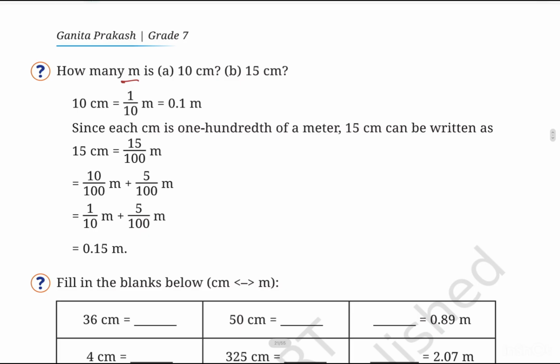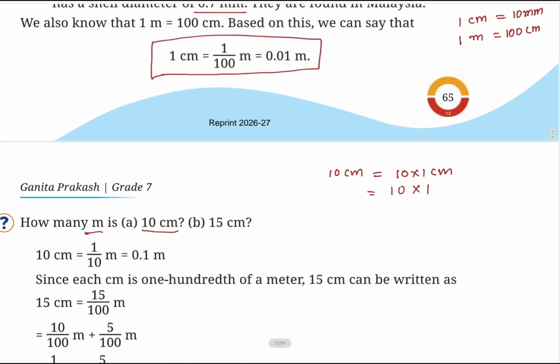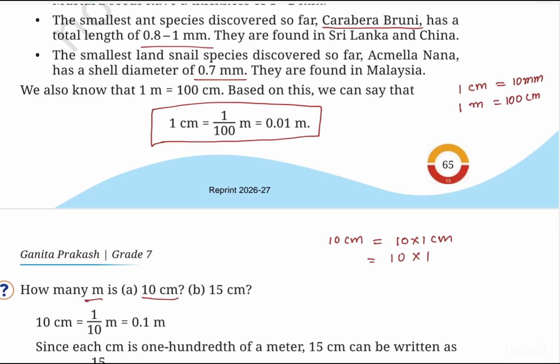How many meters is 10 centimeter? 10 centimeter is equal to 10 into 1 centimeter. 1 centimeter means 1 by 100 meter, so we get 10 by 100 meter. We can cancel zeros and it will become 1 by 10 meter, that can be written as 0.1 meter.